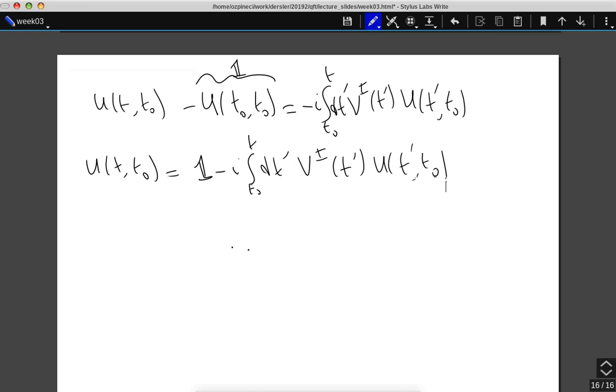This same thing I can write as 1 minus i times the integral from t0 to t, instead of t prime let me use t1, of vi(t1) u(t1, t0).